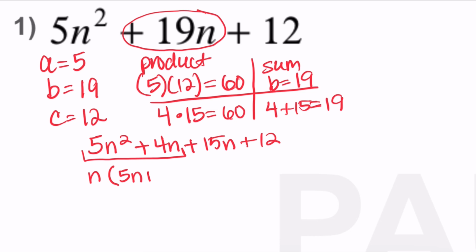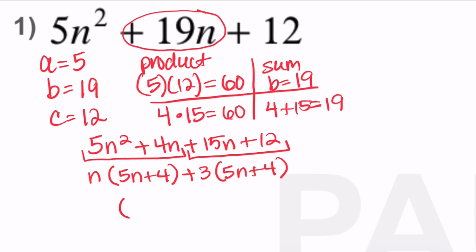You're left with 5n plus 4. The last two terms have a 3 in common, so that's positive 3, and you're left with 5n plus 4. So your final answer, or your factored form, is 5n plus 4 times n plus 3.